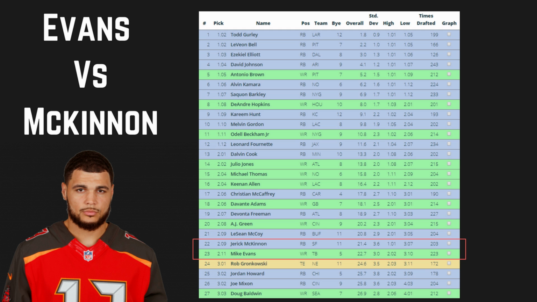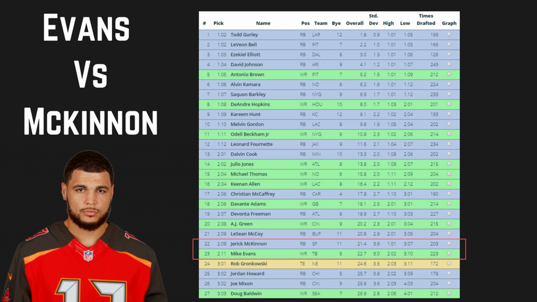Now, if you told yourself heading into the draft that you wanted to take 2 running backs, the pick between McKinnon and Evans would be heavily favoring McKinnon. Now, in reality, the correct decision would be to go with the value. And we have Mike Evans a tier ahead of Jerick McKinnon. Just because they're in a different positional group does not mean that the tiers are completely irrelevant. We believe that there would be a significant drop-off in expected production from Mike Evans to the receivers being drafted behind him.